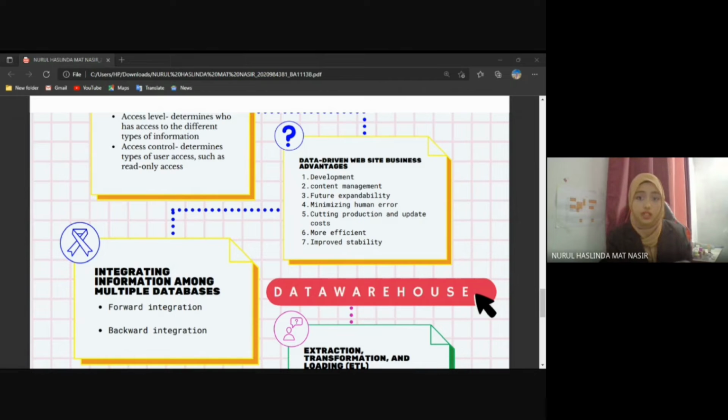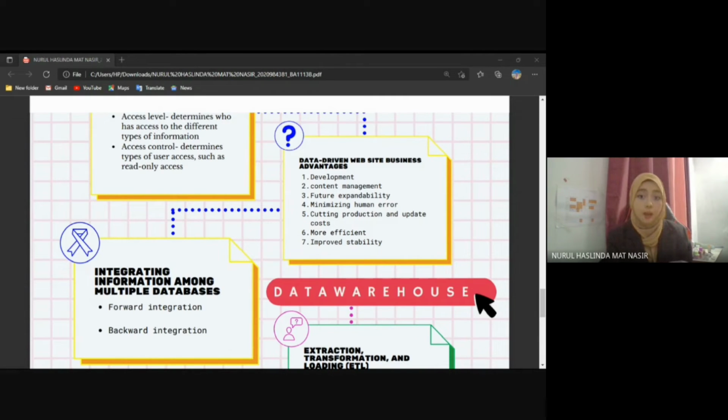Third, future expandability, which enables the site to grow faster than would be possible with a static site. Fourth, minimize human error, since even the most competent programmer charged with the task of maintaining many pages will overlook things and make mistakes. This will lead to bugs and inconsistencies that can be time consuming and expensive to track down and fix.